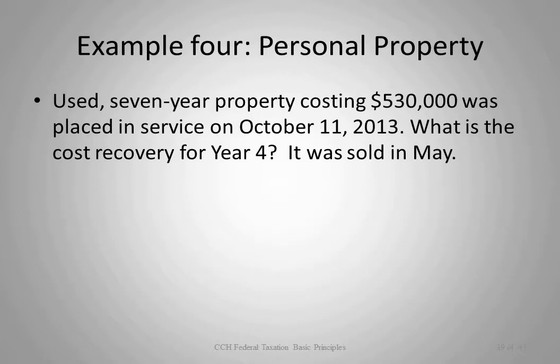Example 4, it is the same property as in example 3, right? The 530 of 7-year, second-hand, fourth quarter, mid-quarter property. And now we're moving to the 4th year and selling it. And now it's important that I tell you what month we sold it in, because remember, this is a mid-quarter convention. On the half-year property, all I have to say is it was sold during the year.